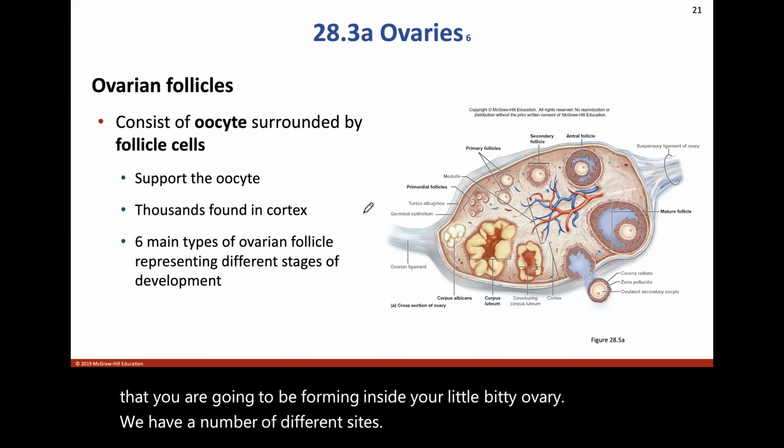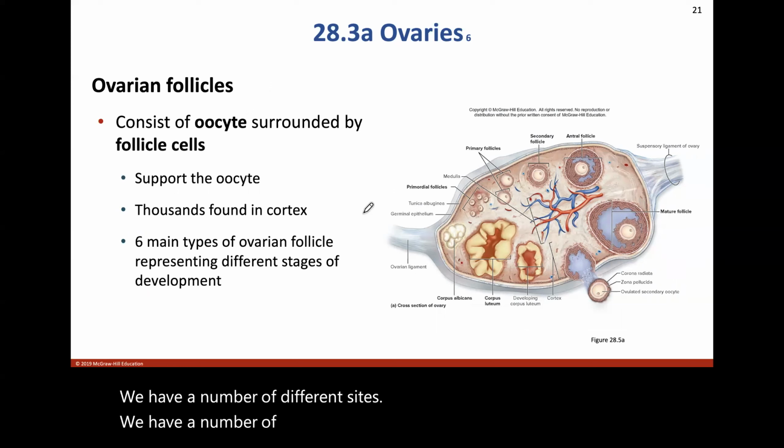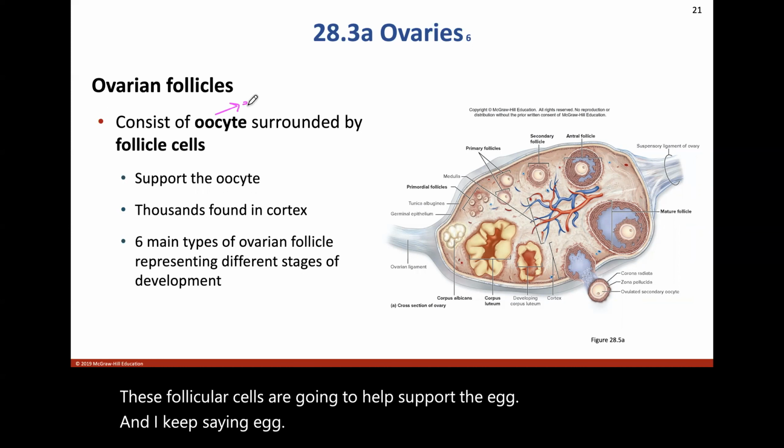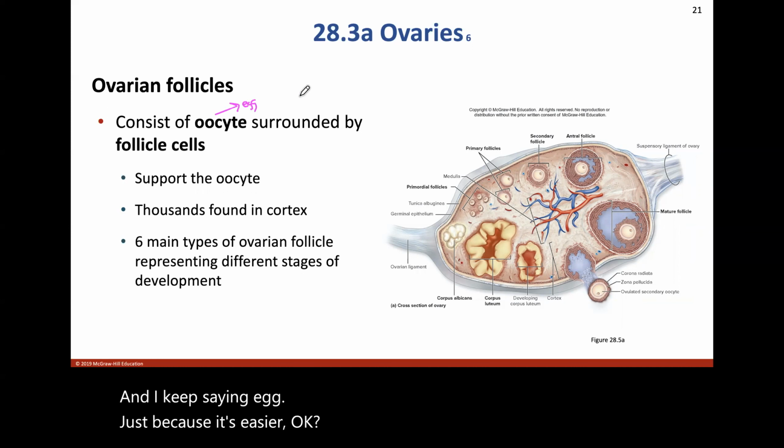We have a number of various different follicular cells present here. These follicular cells are going to help support the egg. And I keep saying egg just because it's easier. The oocyte, if I need to be specific.